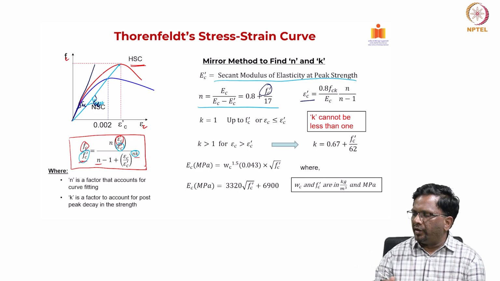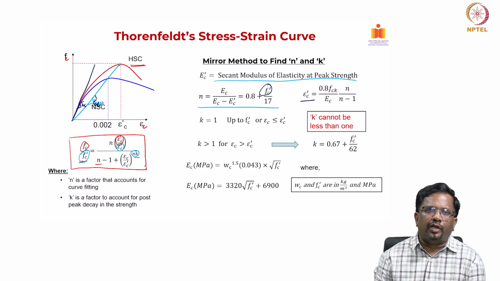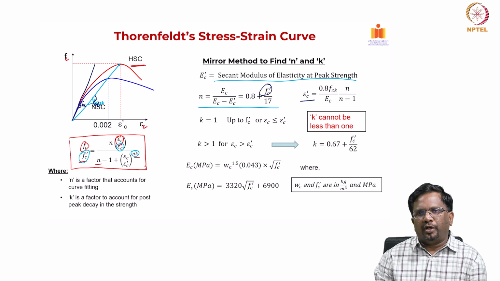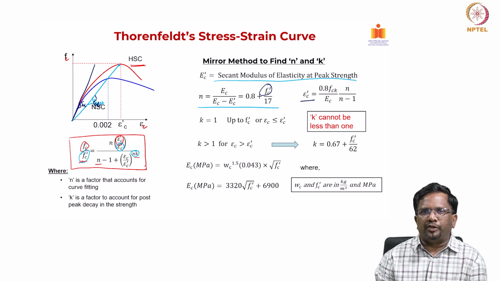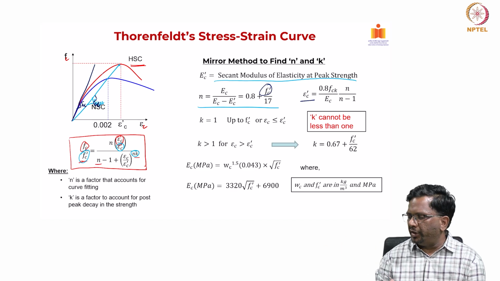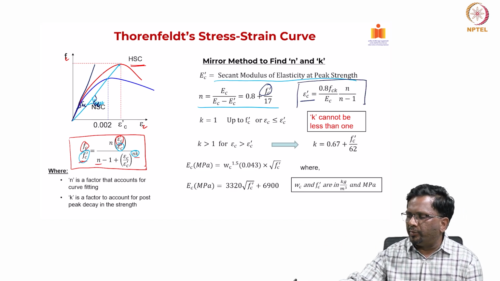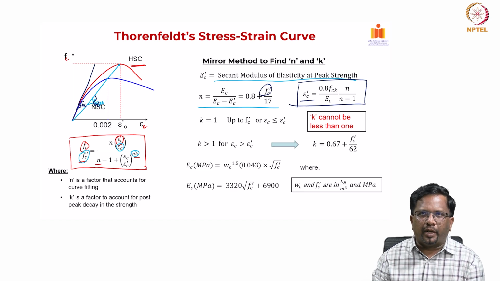So, that again can be defined in terms of your f prime c or fck. So, fck is a characteristic strength of the concrete as per IS code. Then we also have a relationship between cube and cylinder, so f prime c and fck can also be related. So, this is the equation for your epsilon prime c, right.